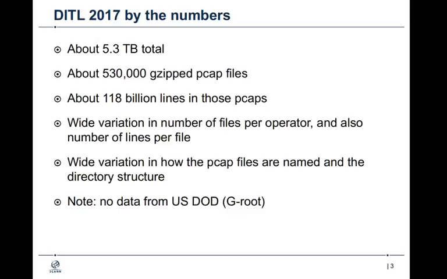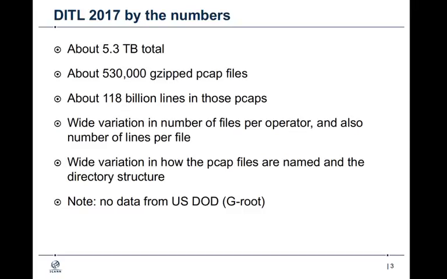So if you're going to be doing this analysis later, don't get fooled just by looking at certain letters. There's also a wide variety of how the PCAP files are named, but once you start doing your own analysis, you make up your own names and get going.